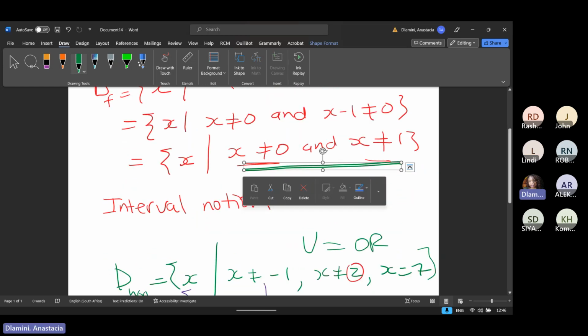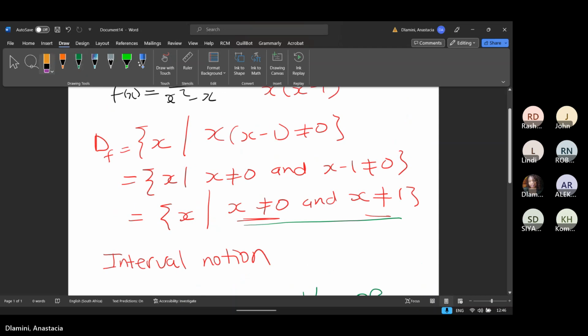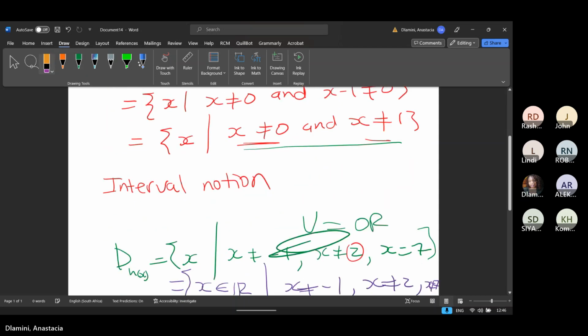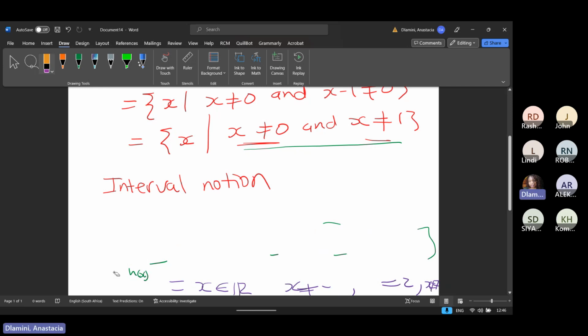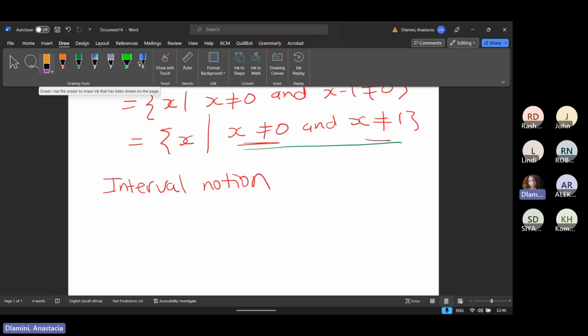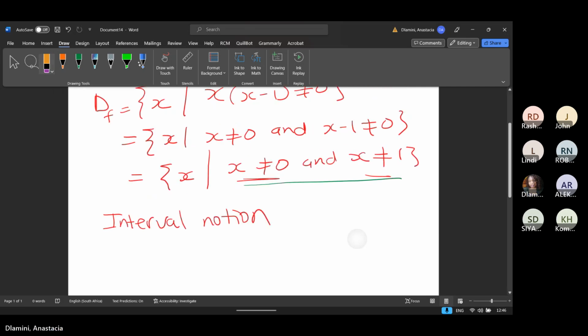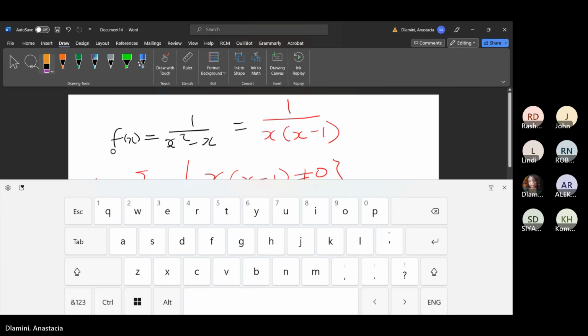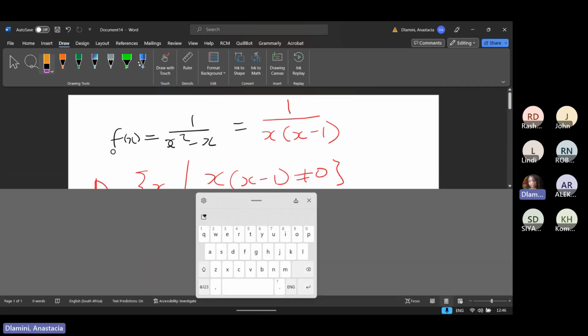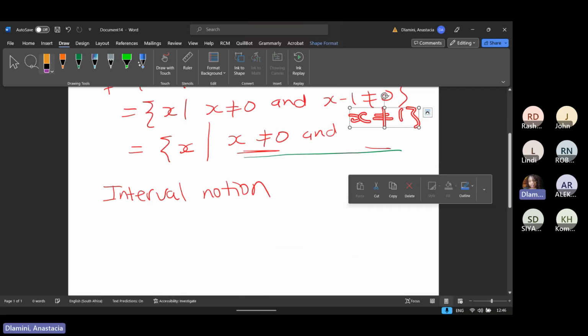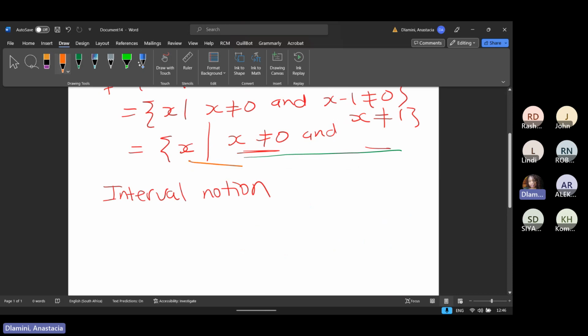Now, it means that we need to go back and draw our function. The number line is important that you understand it because we're going to use it very often in the next work. So here it says x is not equal to 0 and x is not equal to 1.